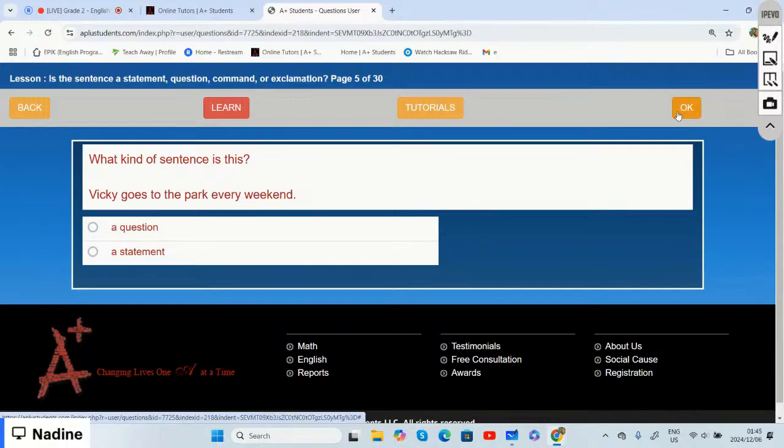And let's look at the last one. It said Vicky goes to the park every weekend. Is that a question or is it a statement?